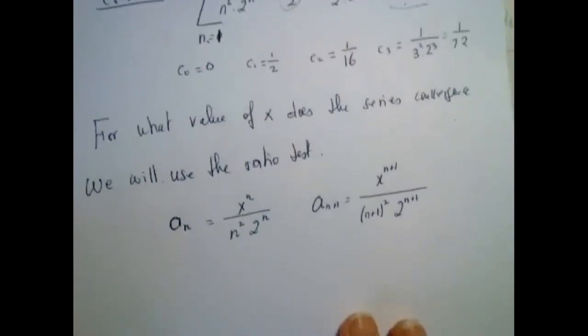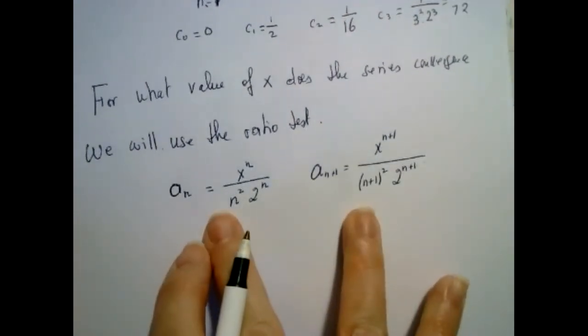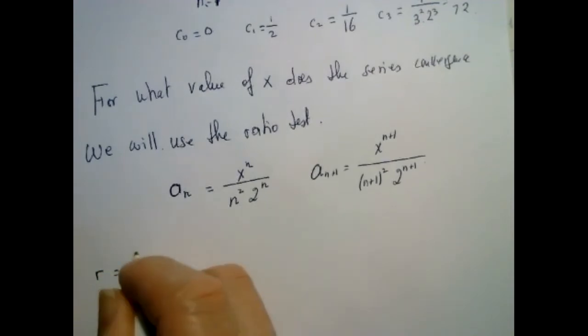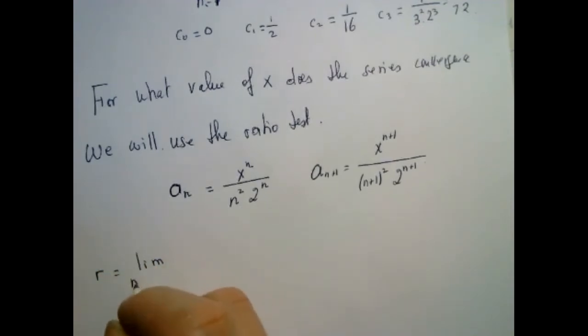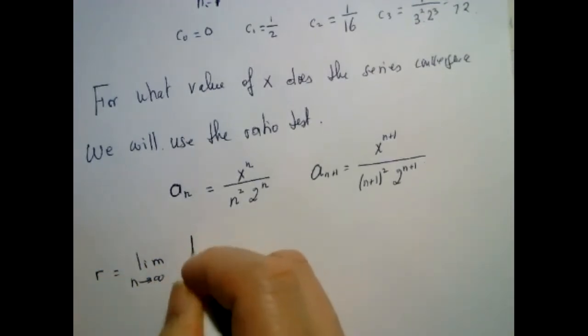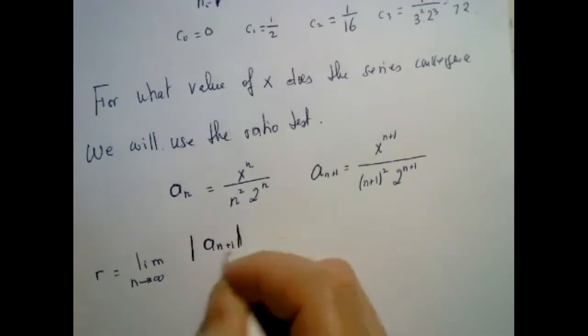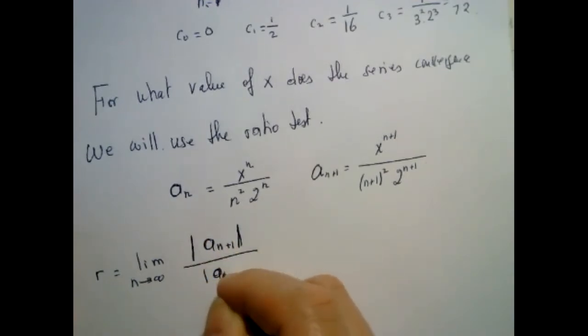The ratio test tells me that you have to compute the ratio. So let R be the limit as n tends to infinity of, remember, the ratio test requires the absolute value, a_(n+1) over a_n.